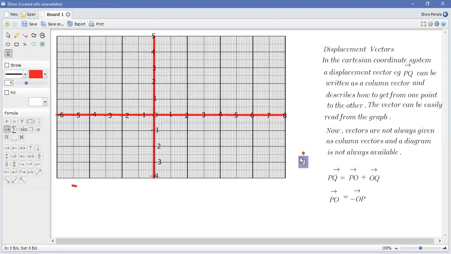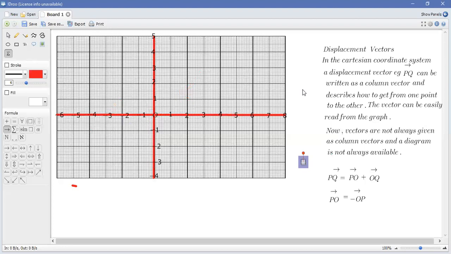All right, so our graph. Now, let's look at the notes first. It said displacement vectors in the Cartesian coordinate, and this is what they call a Cartesian coordinate, the graph system, where you have x and y.